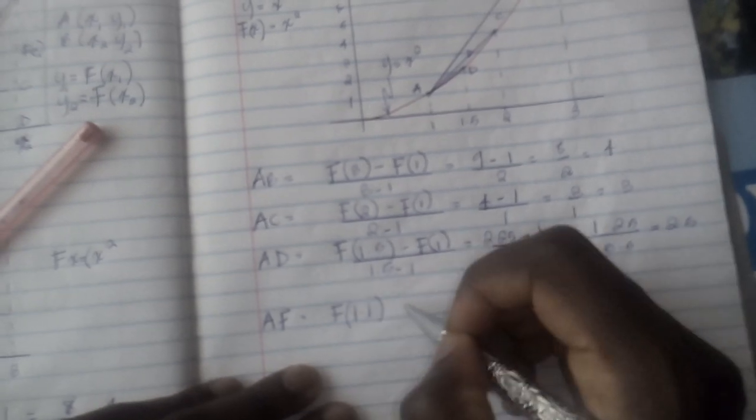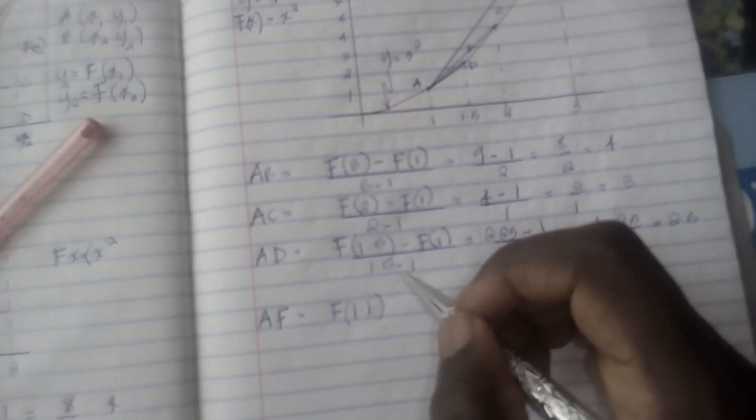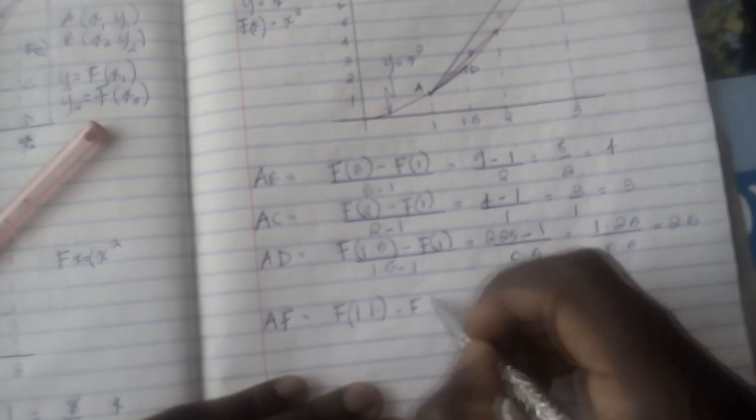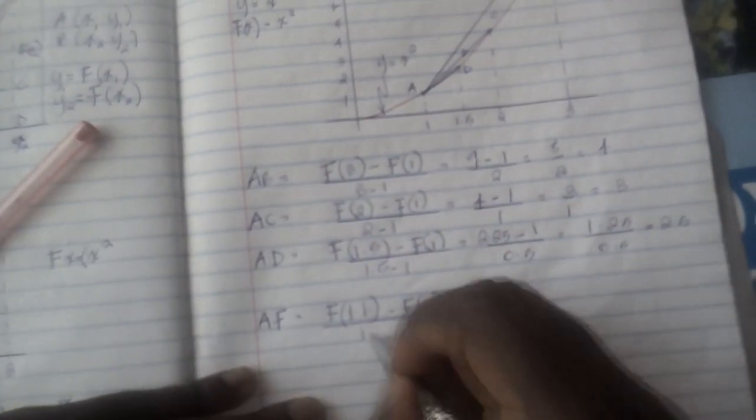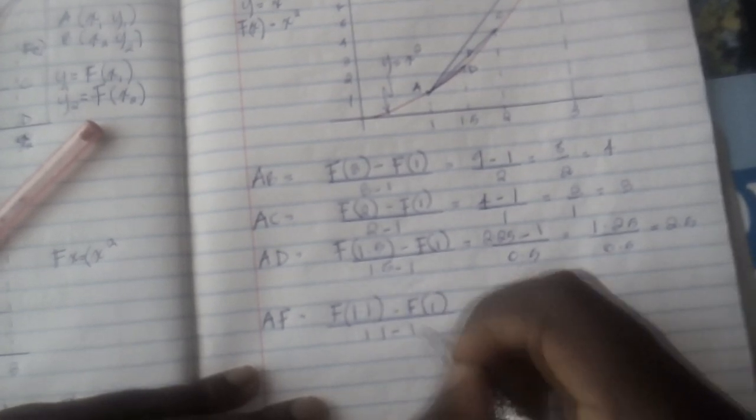So f of 1.1 minus f of 1, over 1.1 minus 1.